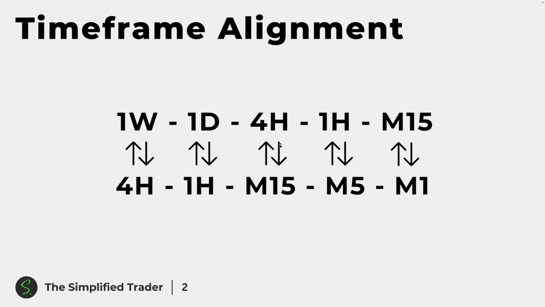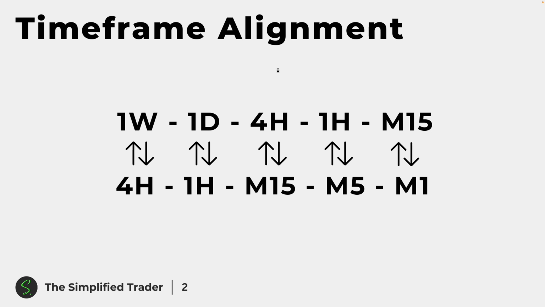What I don't want you to do is use time frames that are next to each other. So if you want to trade on the 15-minute time frame, do not look at the 1-hour time frame. We skip one and we use the 4-hour time frame. So I want you to take a screenshot of this or write this down, because these are the correct time frame pairings that I want you to use.